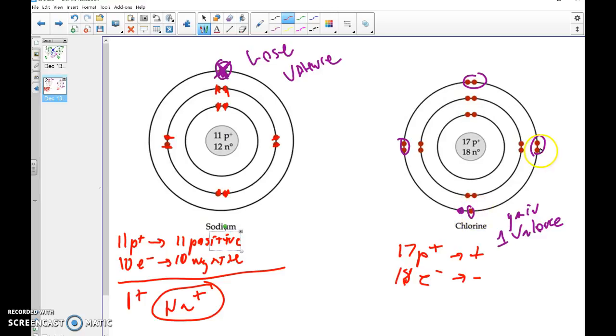And look, there's 18 electrons, 17 protons. What that does is it gives us 1 extra electron. And that means that chlorine is a negative charge. And we write that again in the upper right-hand corner.